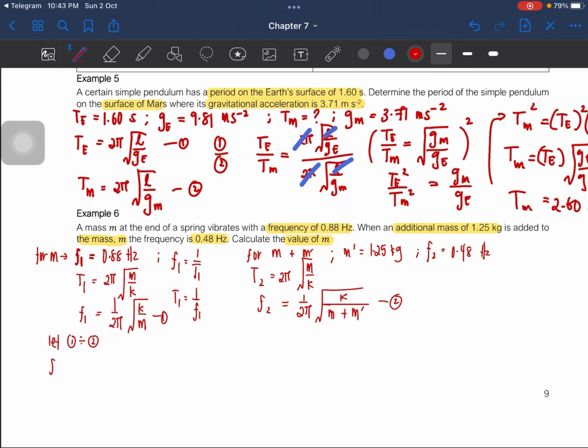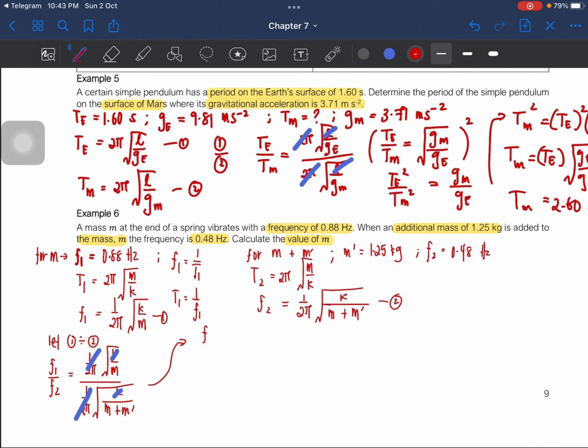Okay, so we get F1 over F2 equal to 1 over 2 pi. For questions like this, we need to use the concept of ratio so that we can solve it. This is K, so we can cancel what can be cancelled. K can be cancelled. Remember, the square root cannot be cancelled, it just combines.